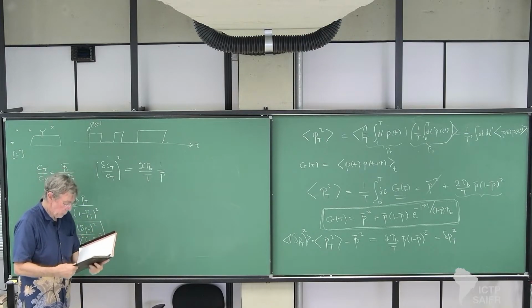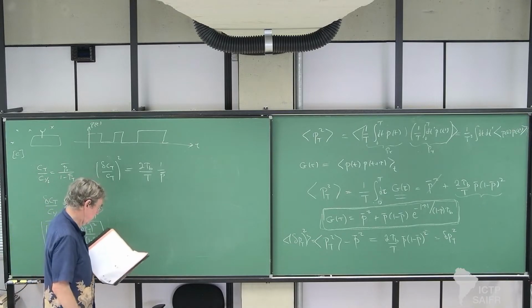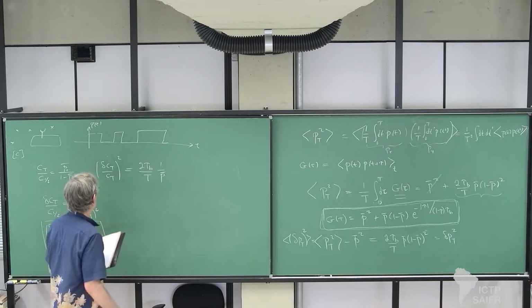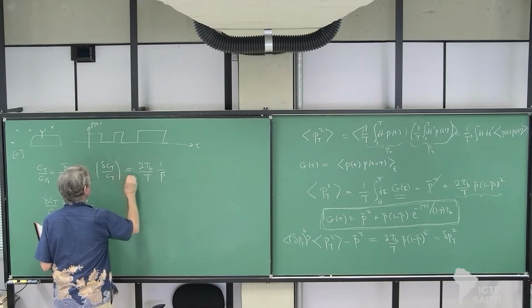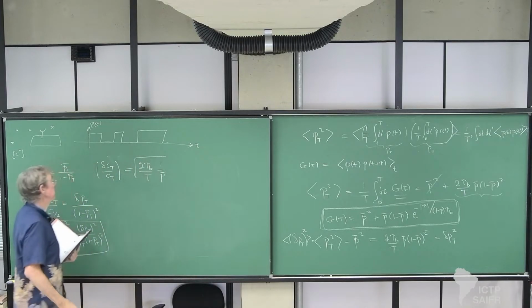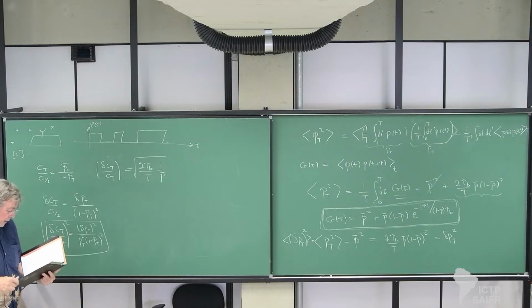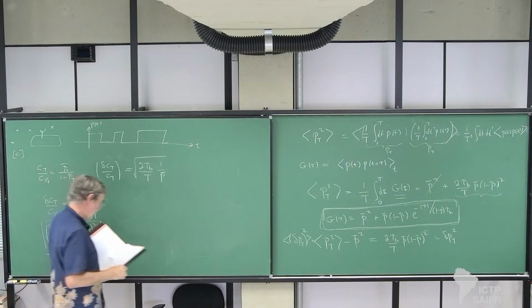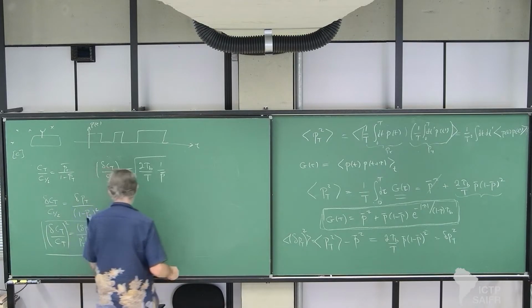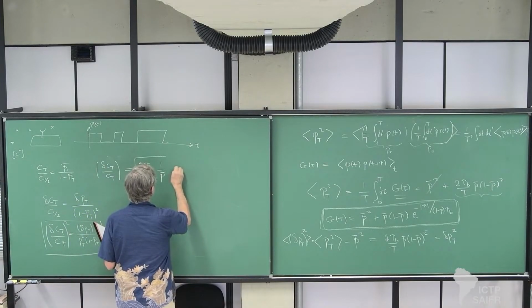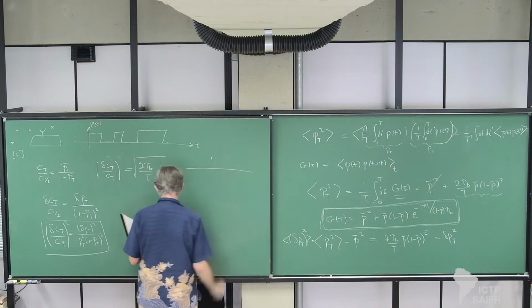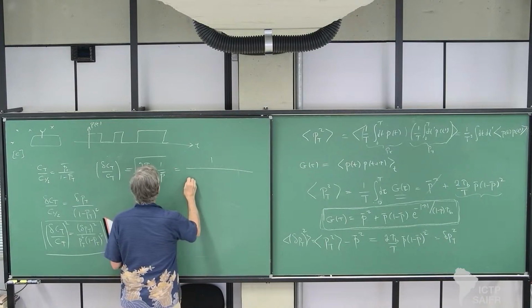Okay, so now we'll play perhaps one further little game with this. What we really want for purposes of estimation is not the square of this guy, but the guy itself. So I take the square root. And then with one slight further manipulation, I say this is equal to 1 over square root of.